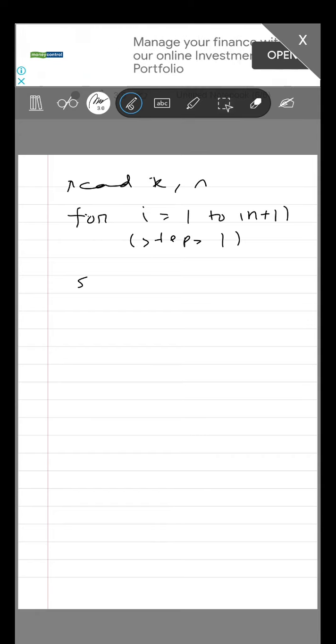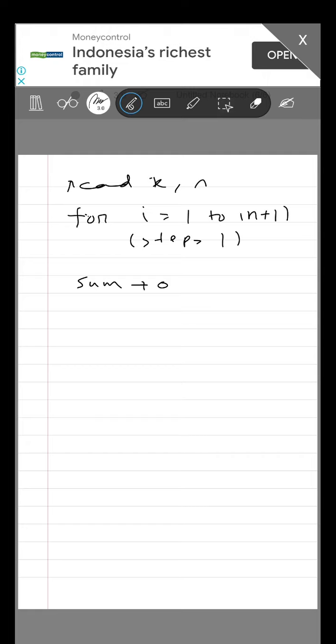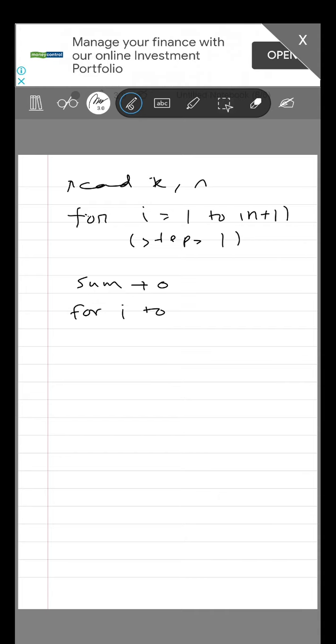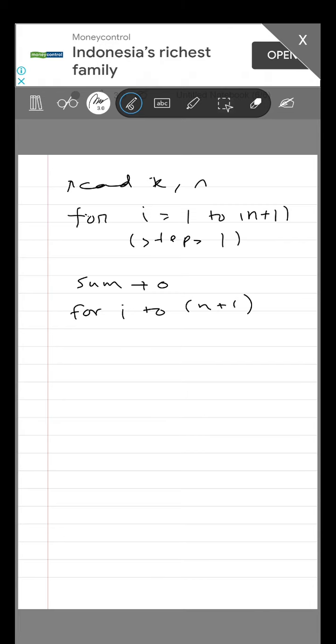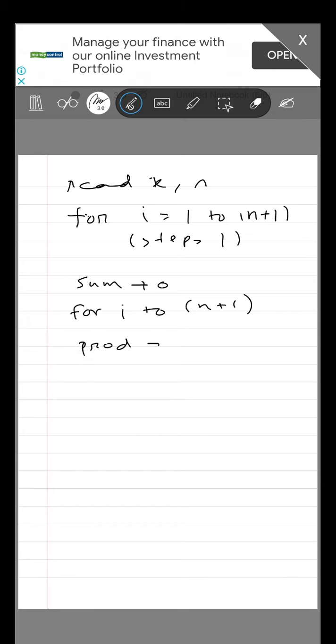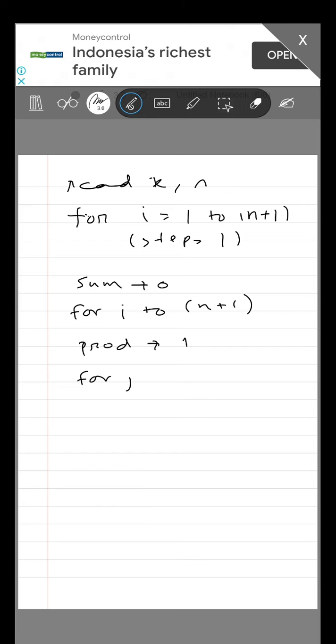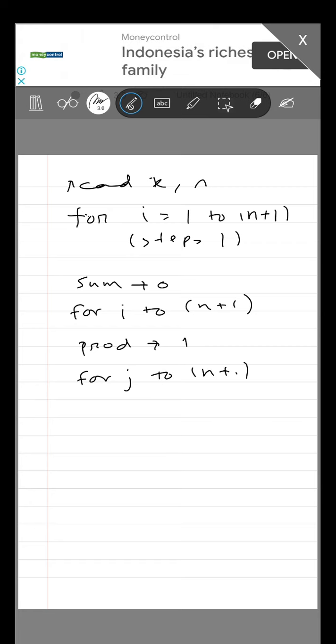Then we will introduce a parameter sum, which we assign a value 0, and then we again start the for loop, from i equal to 1 to n plus 1. We will use the product function, which we assign a value 1, and then again we will use a for loop for j to n plus 1, because both i and j are involved here, both in steps of 1.